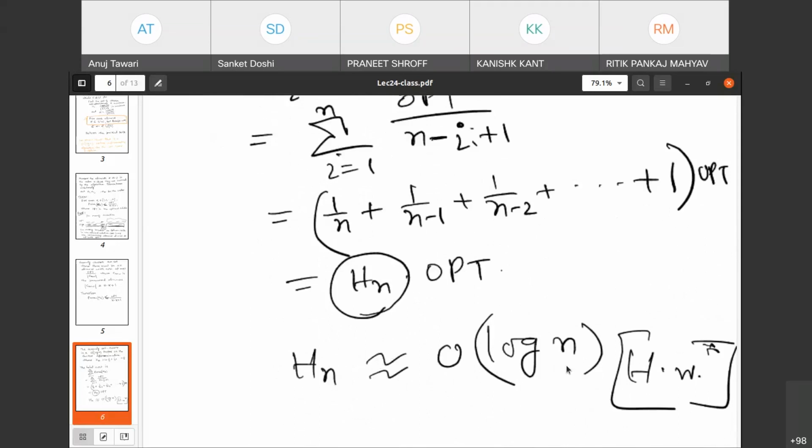So many different things come into play here, because finding the sum is not always very easy. You have to apply some calculus tricks here: if you want to sum up these things, it is at most the integral of 1 by x dx, which just turns out to be log n.